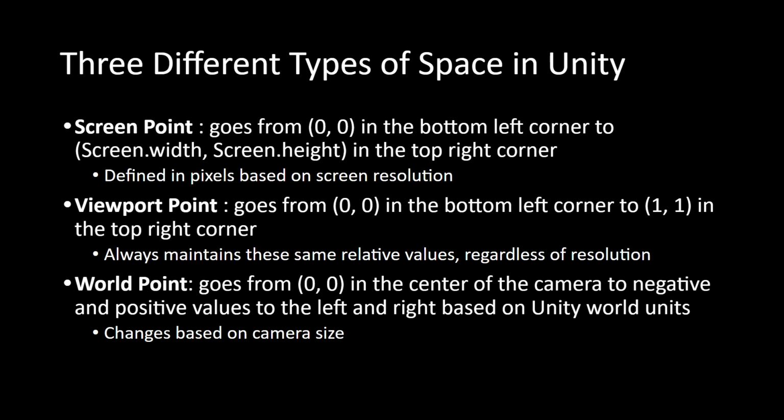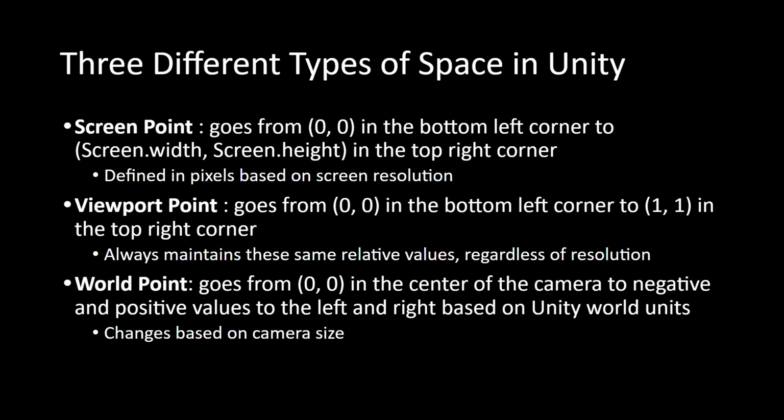As you might imagine, that's very different than the space in the world that you might be looking at in your game, or the space in the window that you happen to have open in Unity or on the desktop. So we have to figure out how to convert between different things. How does that map from one space to another?